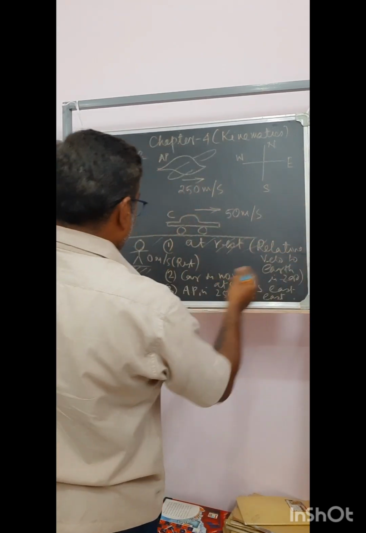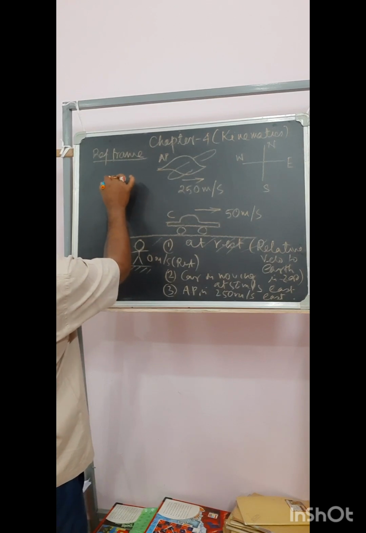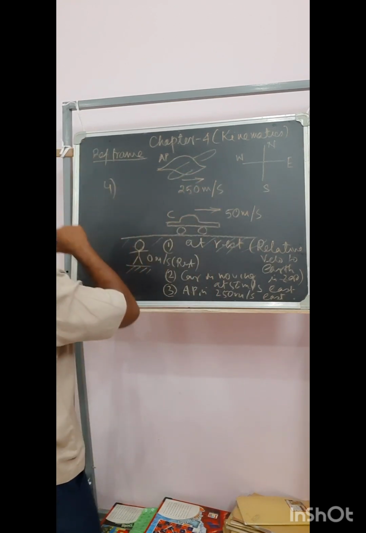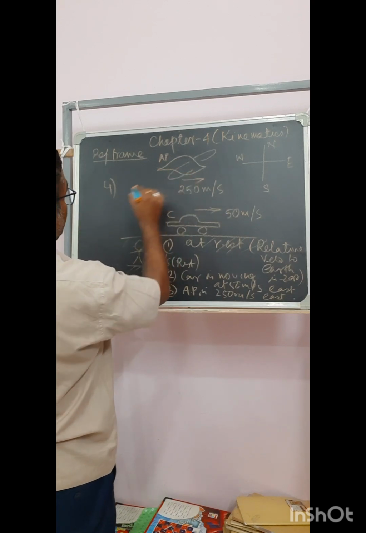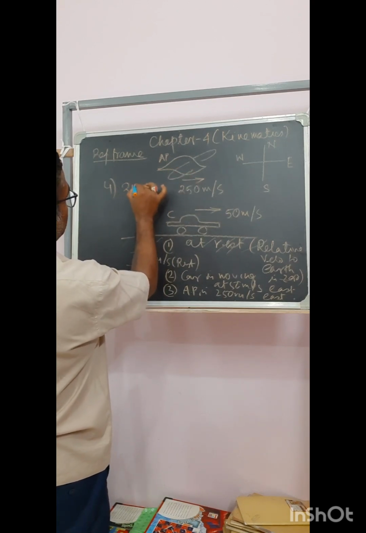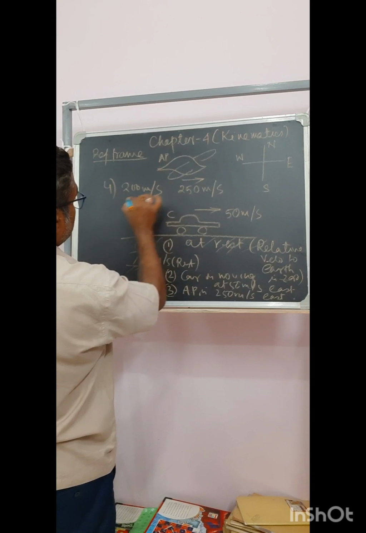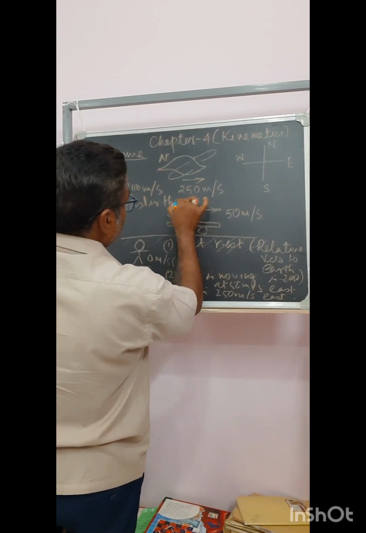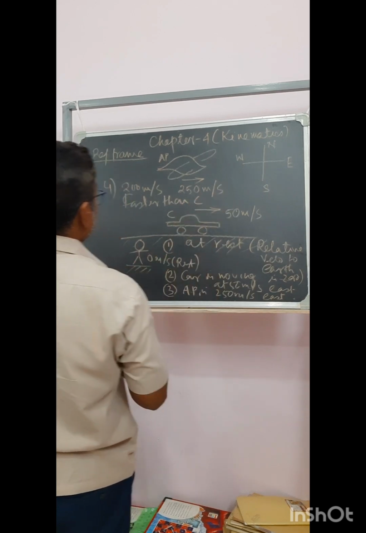Fourth, if he compares aeroplane to car, then he will see that the aeroplane is moving 200 meter per second faster than the car.